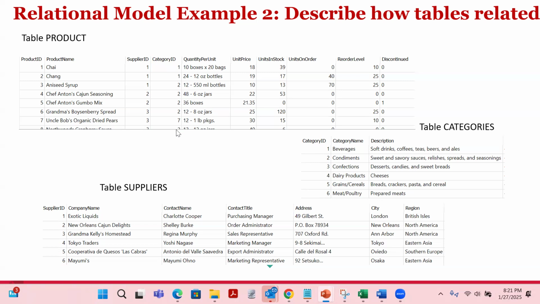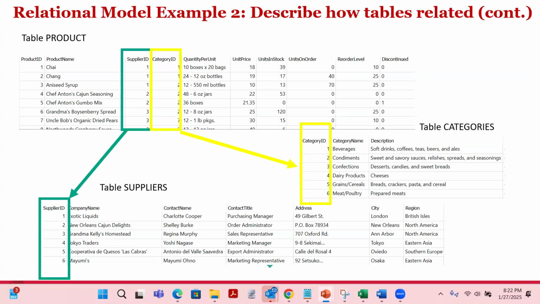Similarly, the supplier table has a supplier ID, which is a primary key in the supplier table, and the supplier ID column exists in both the product and supplier tables. So supplier ID is going to be a primary key in supplier and a foreign key in product. And that's how those tables are related together.